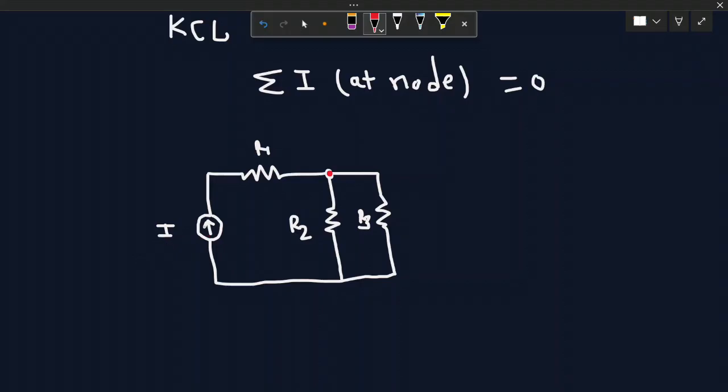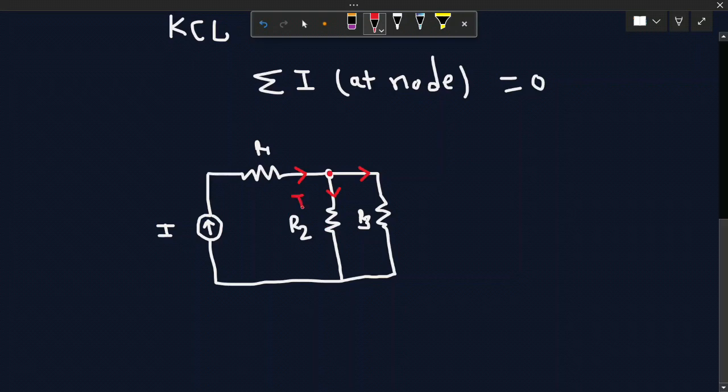So here the I1 current is flowing through the resistance, will come here towards the node, and incoming to the node, will flow towards R2 and R3. We have to decide the current directions accordingly. I1 current is flowing through R1, coming towards the node, and will flow through R2 and R3.